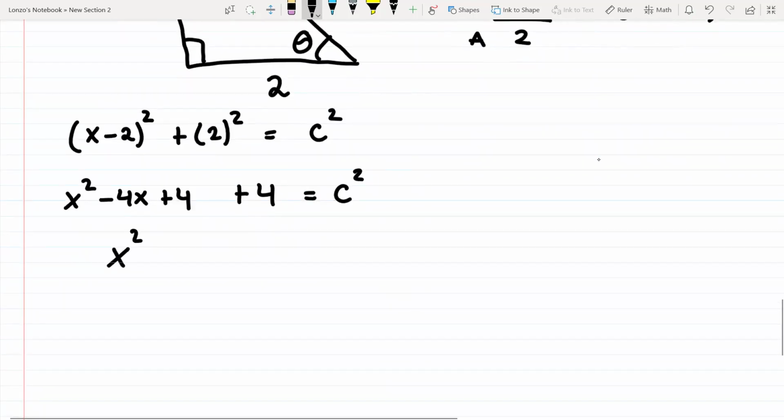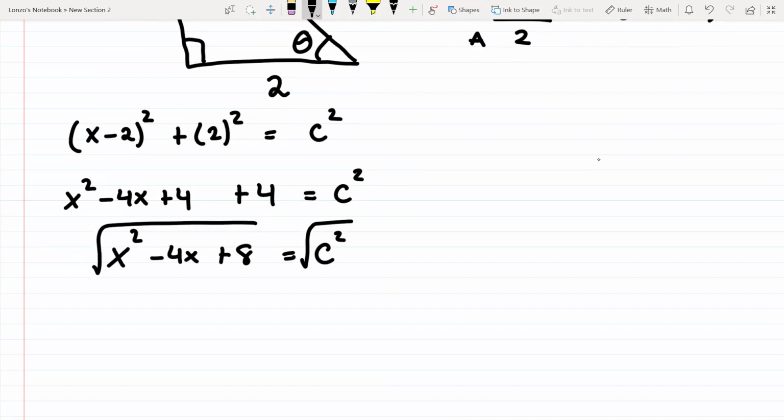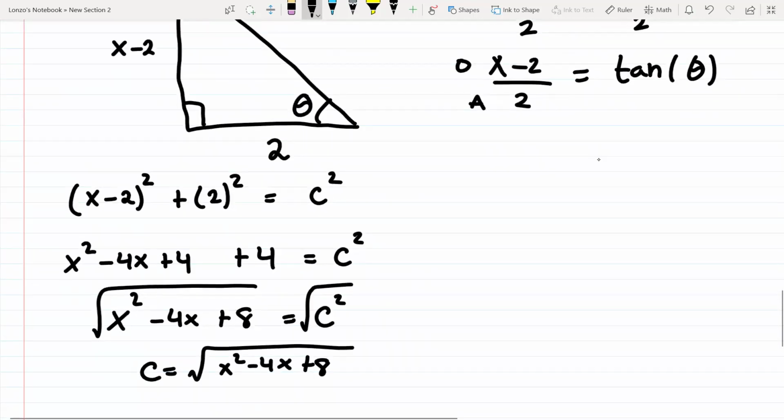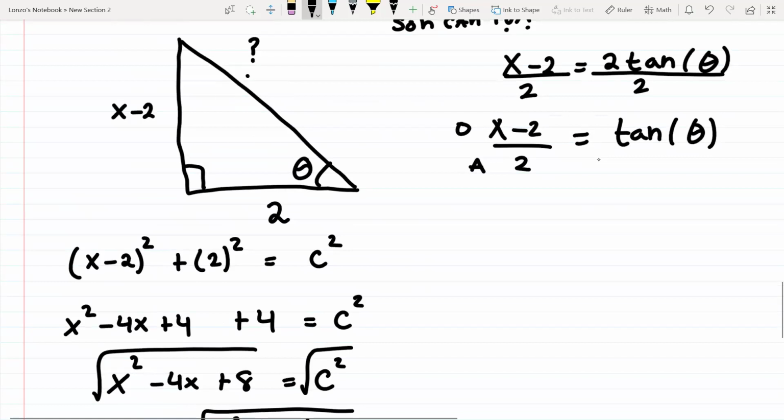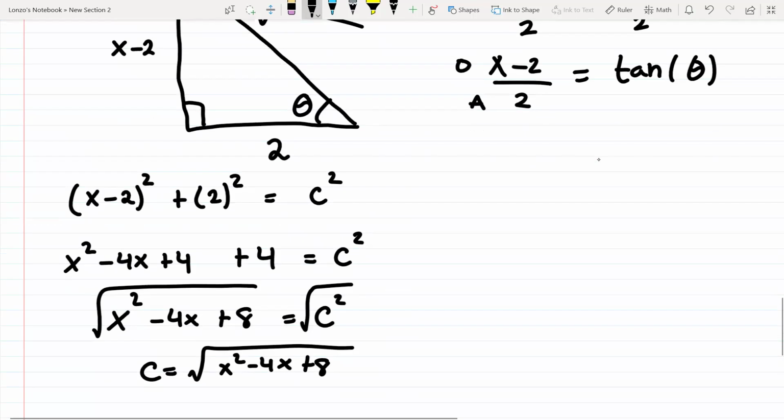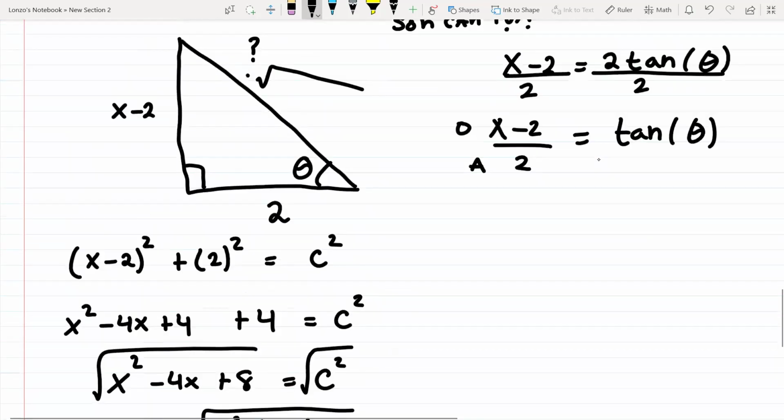And then you get x squared minus 4x plus 8 equals c squared. And my c value, so my hypotenuse, is the square root of x squared minus 4x plus 8.